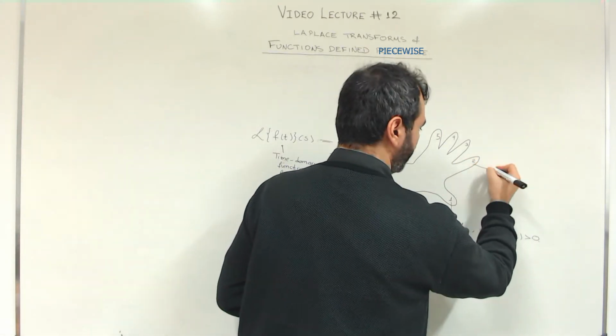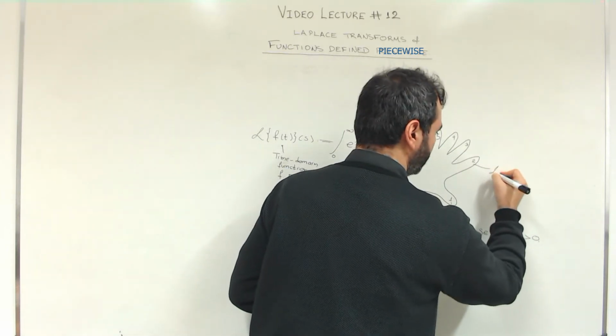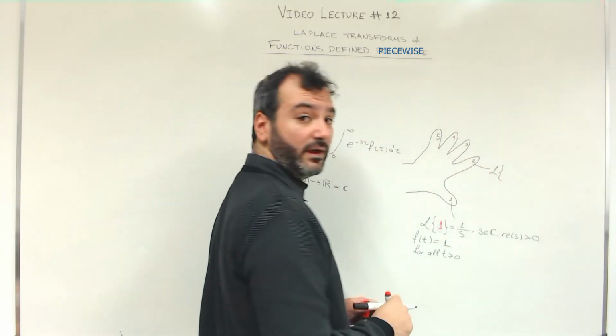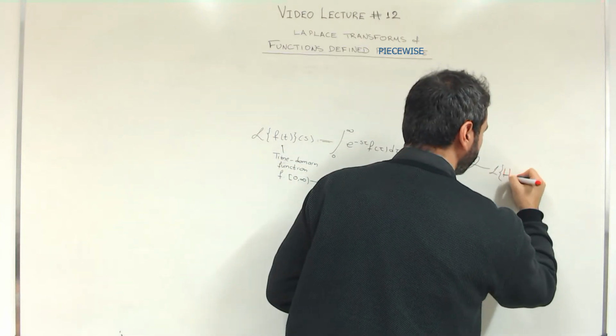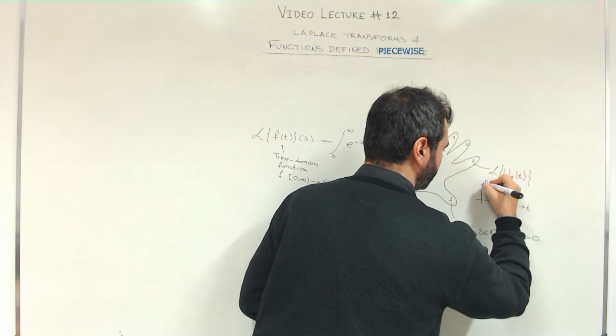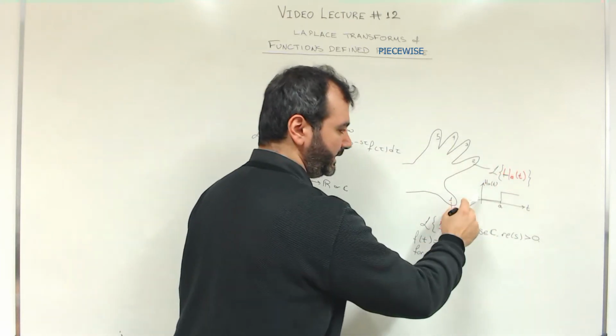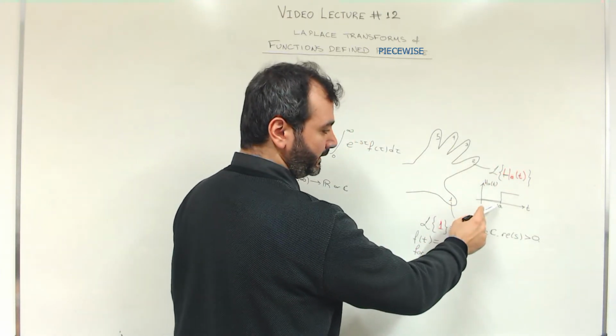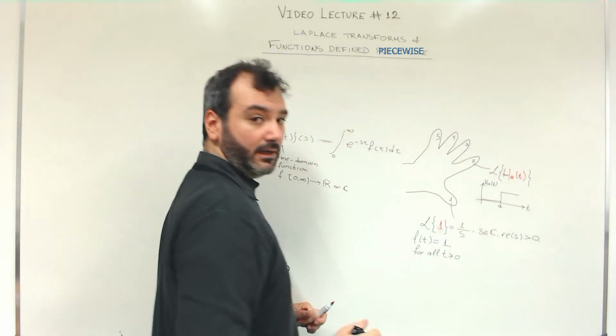We then determine the Laplace transform of the Heaviside function. The Heaviside function is this function. It is 0 up to a time a, and then it goes to 1.